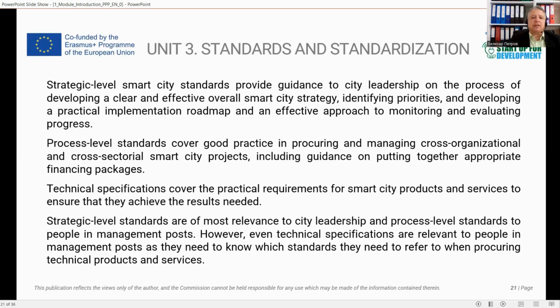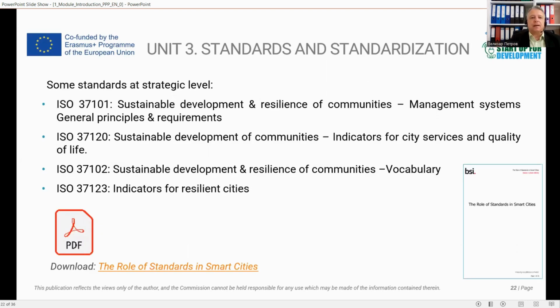Strategic level standards are most relevant to city leadership and process level standards to people in management posts. However, even technical specifications are relevant to people in management posts, as they need to know which standards they need to refer to when procuring technical products and services. There are some standards at strategic level. The first standard is about sustainable development and resilience of communities, management systems, general principles and requirements.